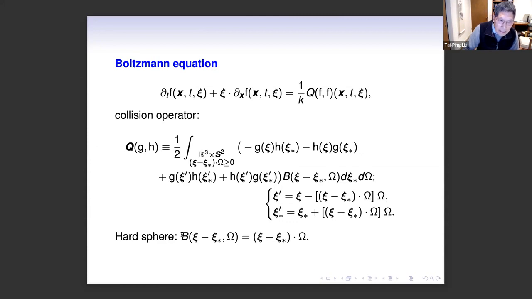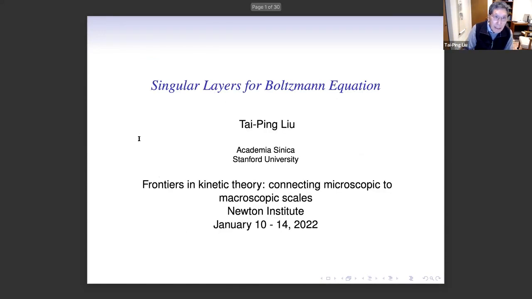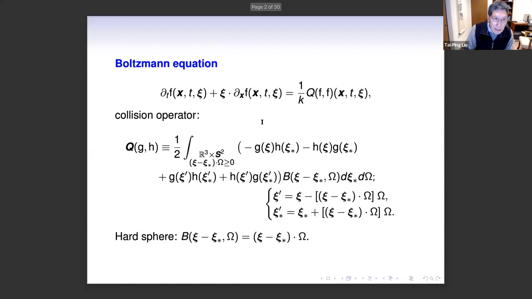The interface where the Boltzmann equation cannot be well approximated by the fluid dynamic equation are the singular layers. So this needs a strong quantitative analysis, and so we make life easier by assuming the Haas-Freer model.